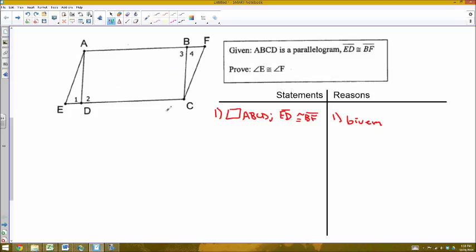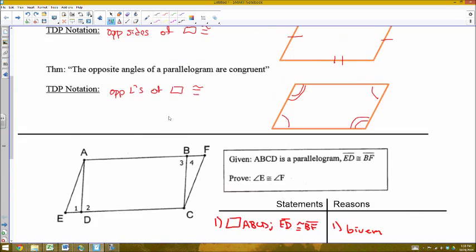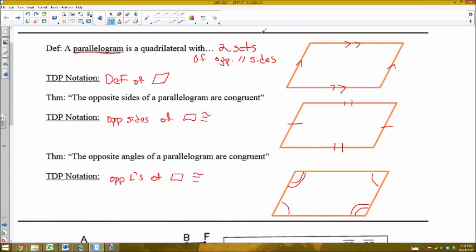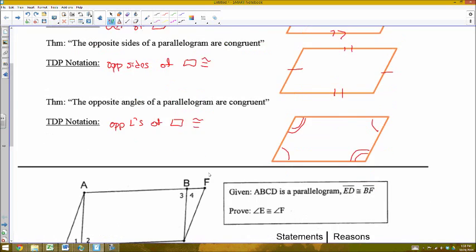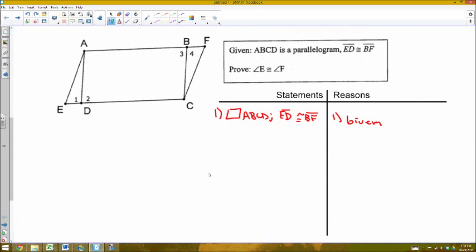Now, whenever you're proving something with a parallelogram, because it has all of these different properties, opposite parallel sides, opposite congruent sides, and opposite congruent angles, it's difficult to label that given information all at once. So my suggestion to you will be to label the most specific information you have, which is in this case, ED is congruent to BF.